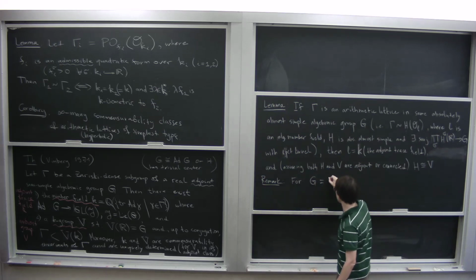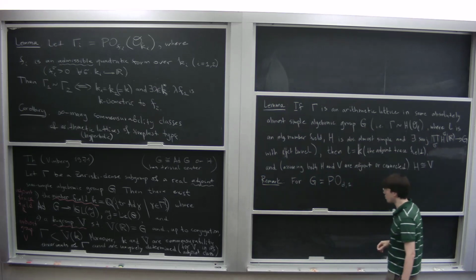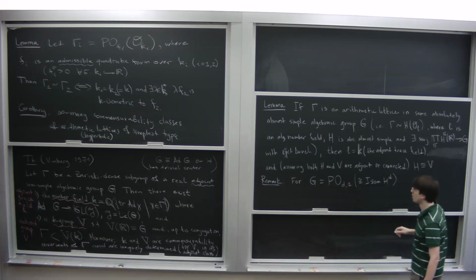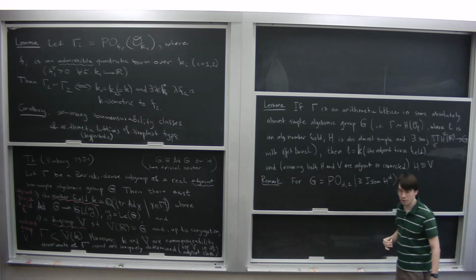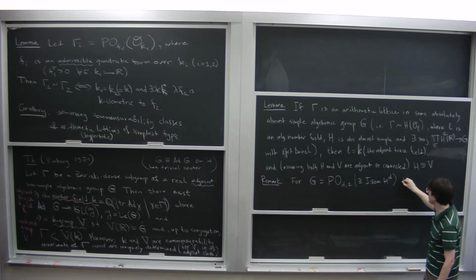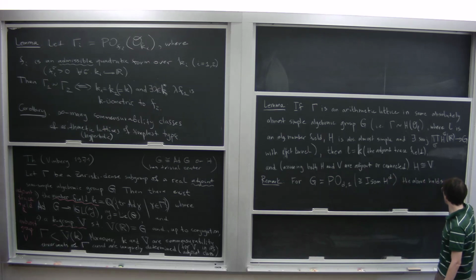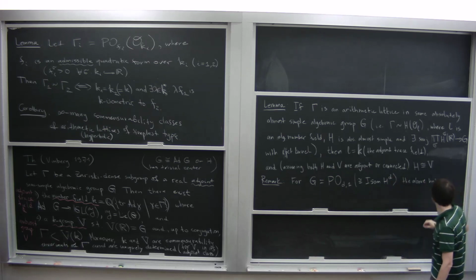The remark is for G being equal to PO(d,1), just to remind that this is the isometry group of hyperbolic space. The above holds whenever d is not equal to 3.